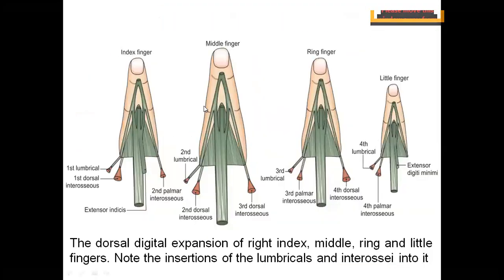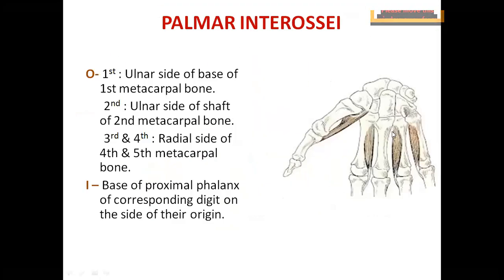So once you know we have such muscles between the metacarpal bones, now let us try to understand their origins and insertions. For the origin, I always told you counting should start from the thumb. So this one is the first one. So the ulnar side of the base of the first metacarpal bone is the origin, isn't it? Then the second is coming from, see here, this one, the ulnar side of the shaft of the second metacarpal bone, right?